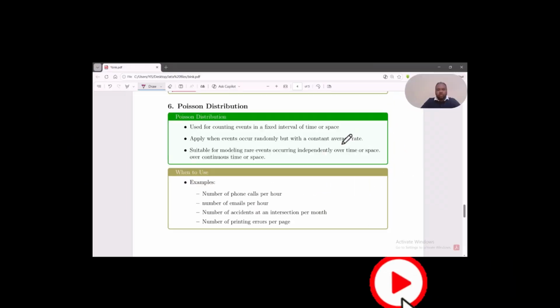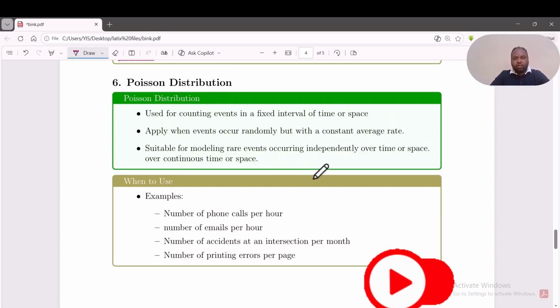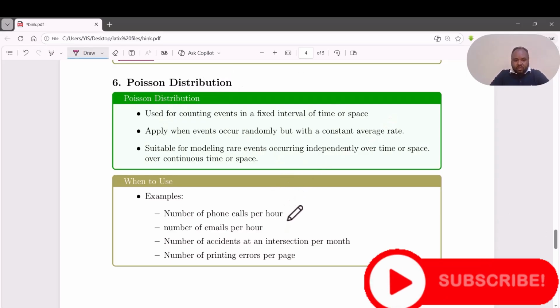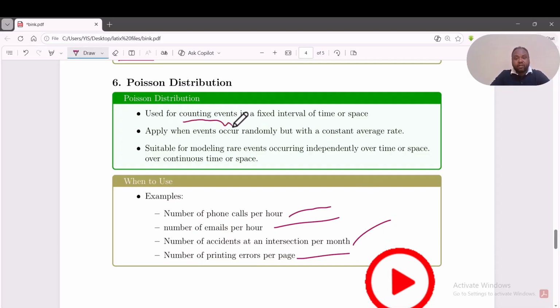Let us proceed to the Poisson distribution. Poisson distribution can be used to model such things as the number of phone calls per hour, number of emails per hour, number of accidents at an intersection per month, number of printing errors per page, meaning that Poisson distribution is used for counting events in a fixed interval of time or space.